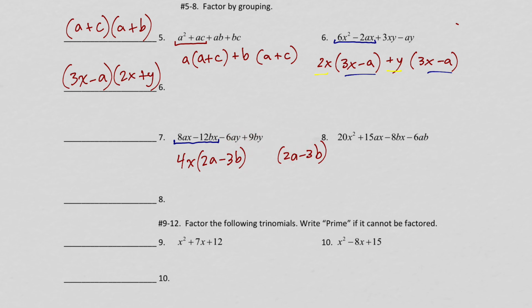And it looks like a negative 3y. And just double check. That times that is that, and that times that is that. So here's my common factor, and I'm going to pull that out, 2a minus 3b. And I'm left with 4x minus 3y.